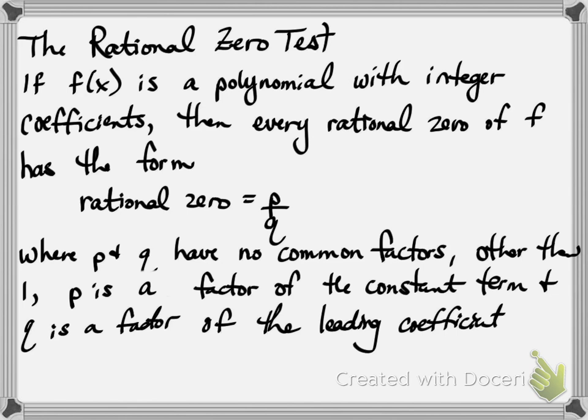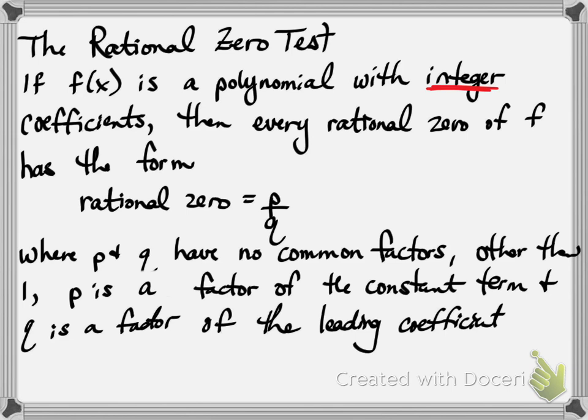If f of x is a polynomial with integer coefficients, so our coefficients for the whole polynomial have to be integers, like positive and negative whole numbers. No fractions, no decimals, nothing weird. Then every rational zero of f has this form.